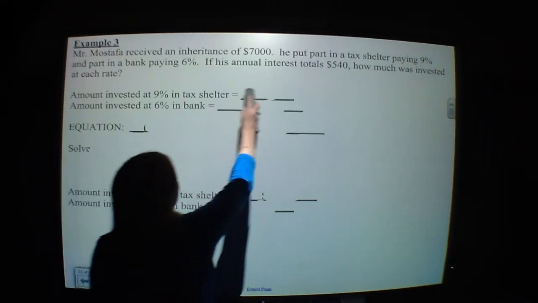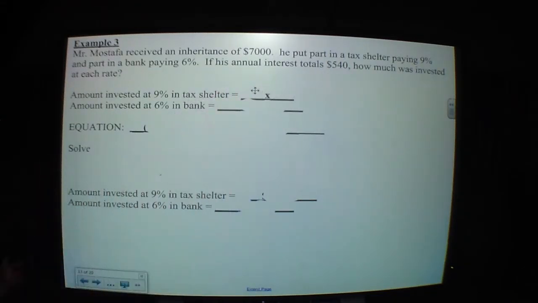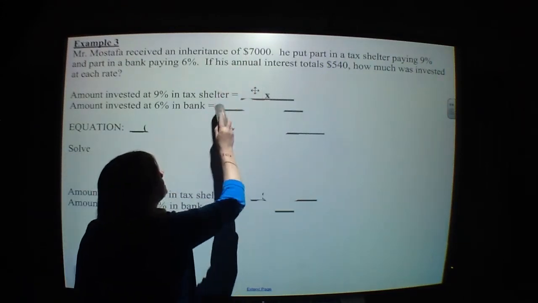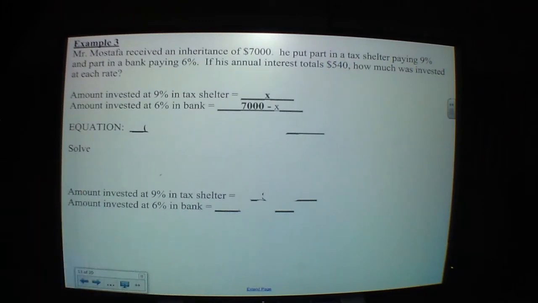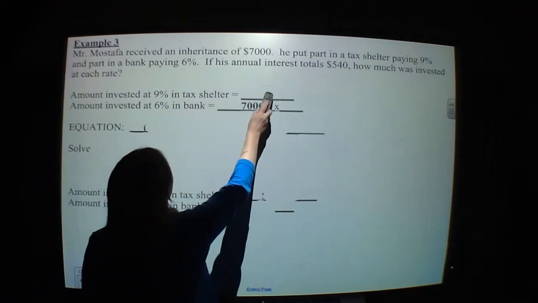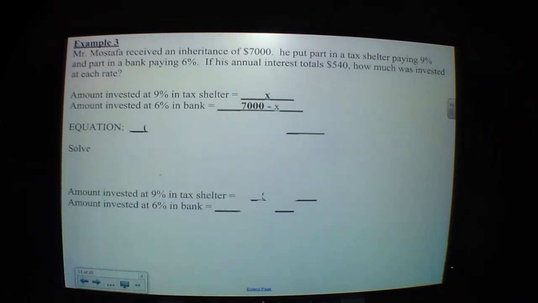So let's say that he put in X, because it doesn't tell what amount, but he put in X. But it does say that he had $7,000 investing altogether in both of them. So if he invested X in the tax shelter, then 7,000 minus X is what he invested in the bank. And if you add these two together, they better equal the 7,000, and they do. Okay? So now I have that written down.